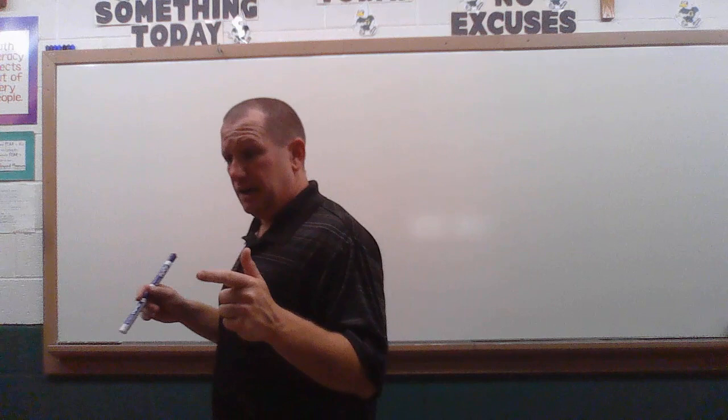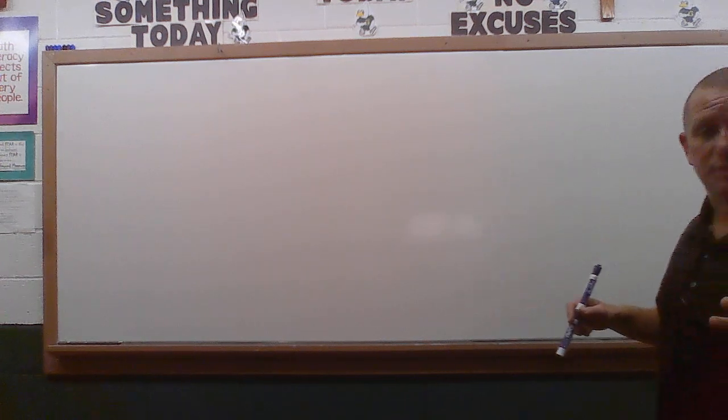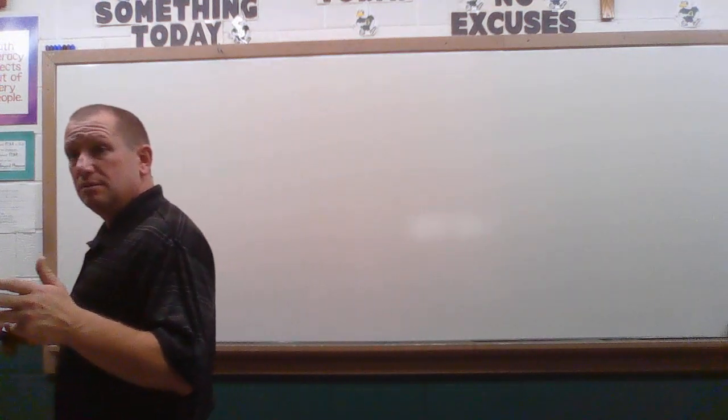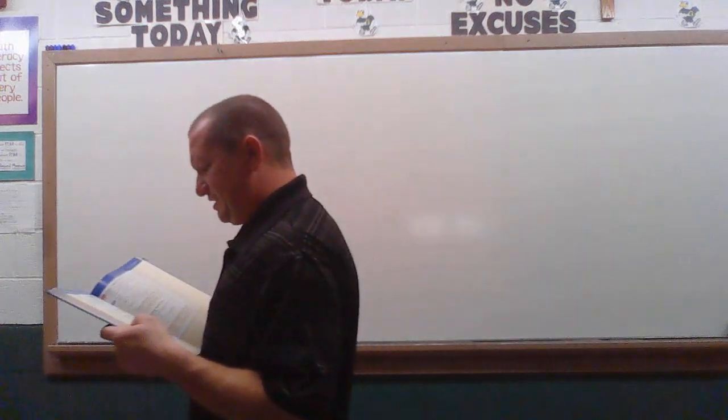What else? Anything, meaning a number or a variable, raised to the 0 power ends up being what? Anything raised to the 0 power is 1. My answer is 1. Okay? So, in this section, 4-2, we're basically substituting what they tell us.